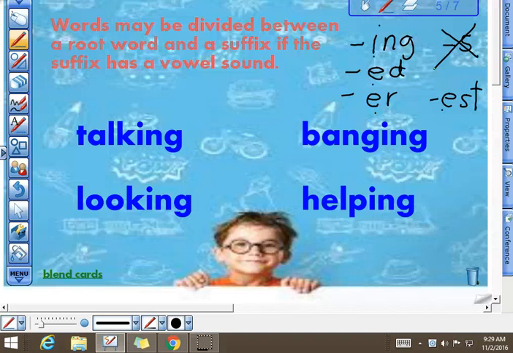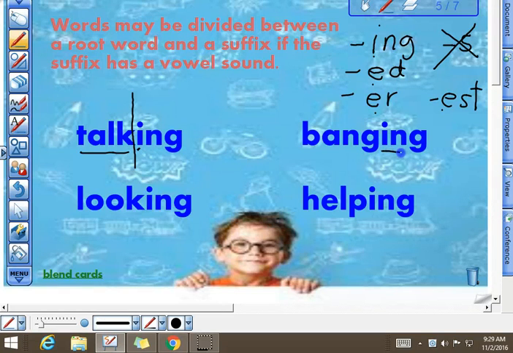We're going to divide between the root word and the suffix. So here's my suffix, ing. So I'm going to go right in front of it and mark it. And then what's left in the front is my root word. This is talking. Okay, I'm looking here.